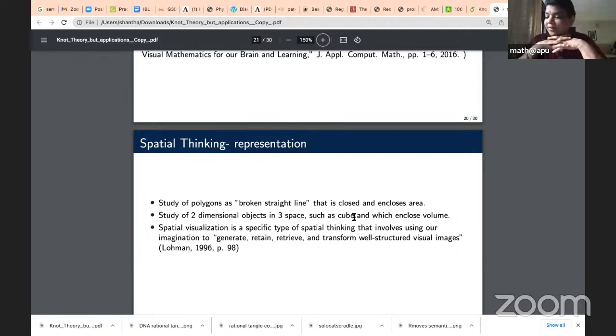Some people use the word mind's eye to think of objects, to keep them in our brain, to see the relationship between various parts and what is happening, and to use a two-dimensional representation to visualize the 3D. For example, whether we use nets or origami, these are all spatial visualizations, and we need to pay more attention to spatial visualization.